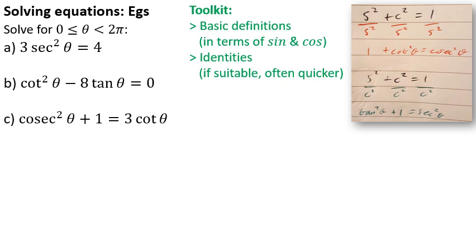I never recall these. If I think about them, I can remember which one is what and where the things are, but it's not the sort of thing that you would need to necessarily memorize, because you already know sine squared plus cos squared equals 1. That comes from Pythagoras, so if you need a reminder of that one, you can sketch yourself a picture of the unit circle, and you've got your sine and your cos as your opposite and adjacent sides.